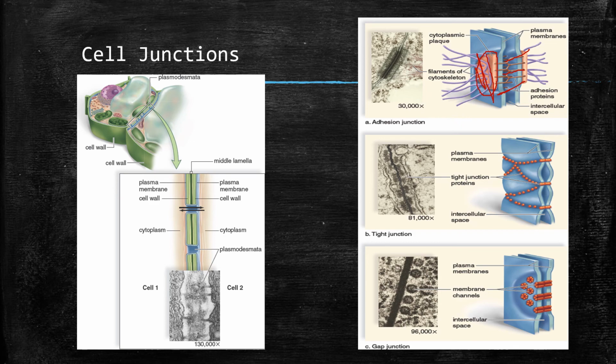Our other junction in animal cells is called a gap junction. And basically that is allowing plasma membranes of adjacent cells to be connected with these channels. And so a channel is usually lined with 6 membrane proteins, and it allows typically for ions to flow back and forth between those cells. And that's especially important when you have a lot of cells that need to work in conjunction with each other.